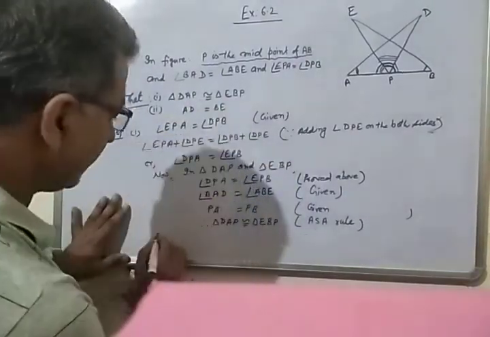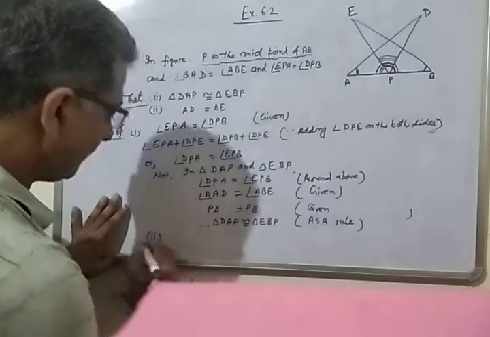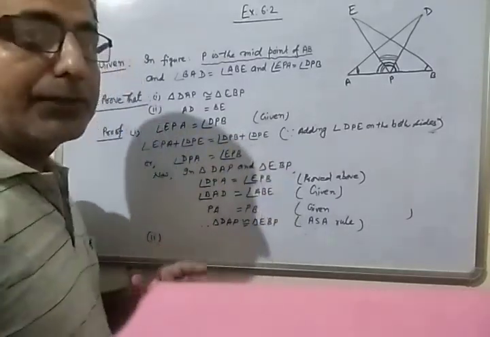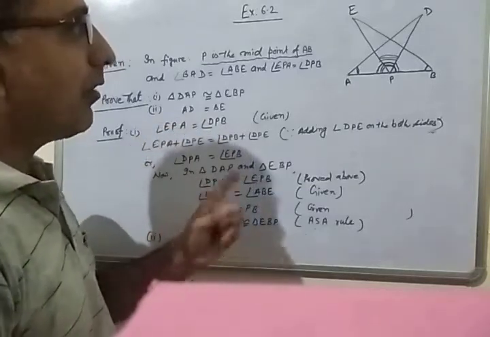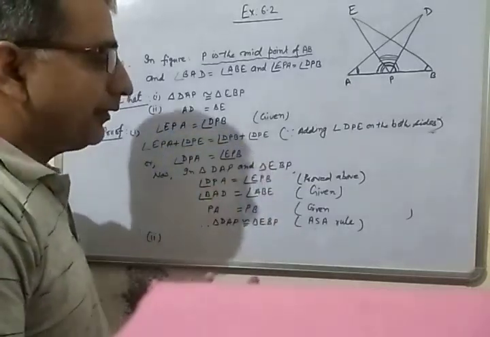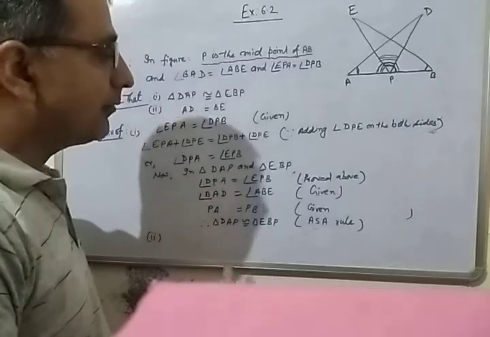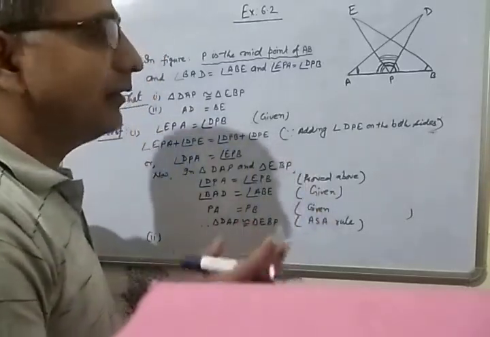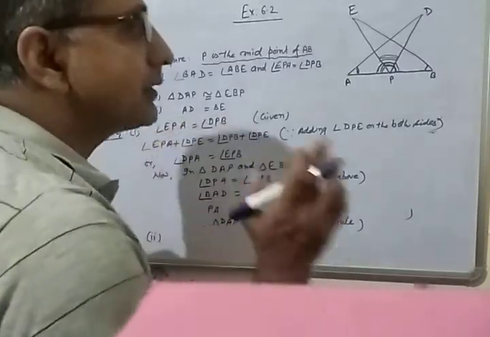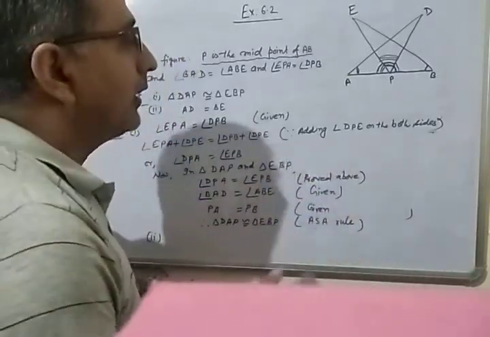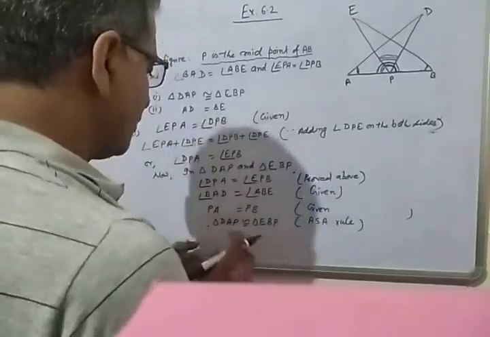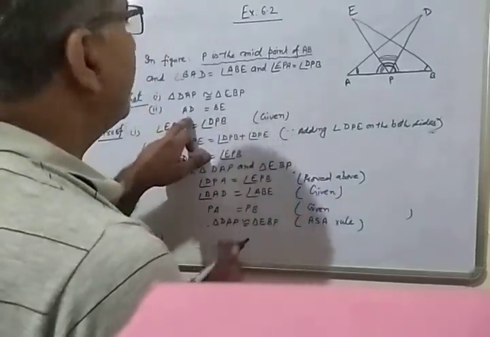Now the second part. We know that in congruent triangles, corresponding parts will be equal, meaning all sides and all angles will be equal to those of the other triangle. So we have to prove AD equals BE.